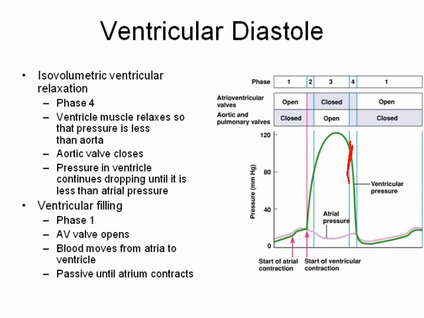And the ventricle is relaxing, which of course is what ventricular diastole refers to. The ventricle relaxes so that the pressure in it is lower than that of the aorta. And then it comes down, and then we start ventricular filling.